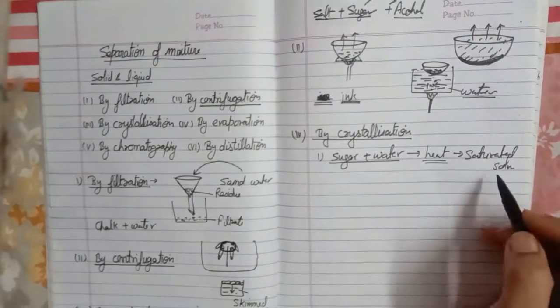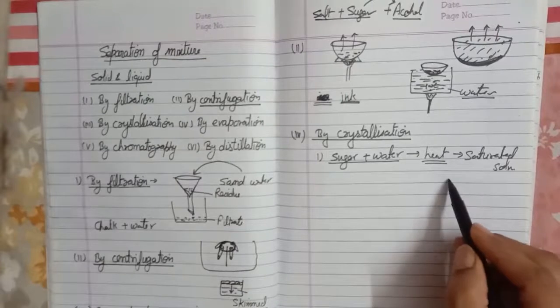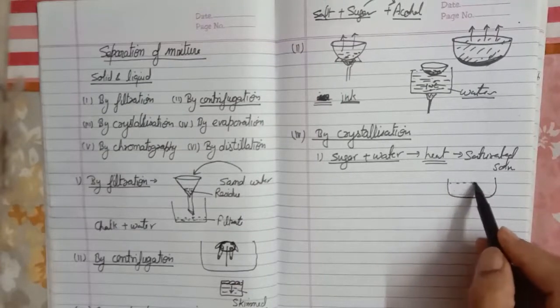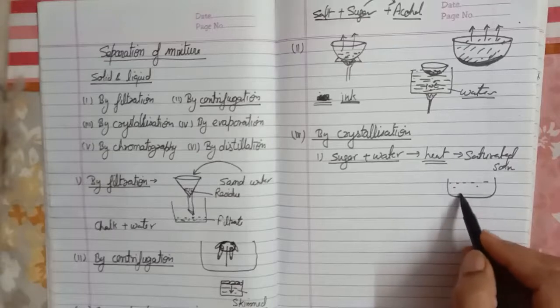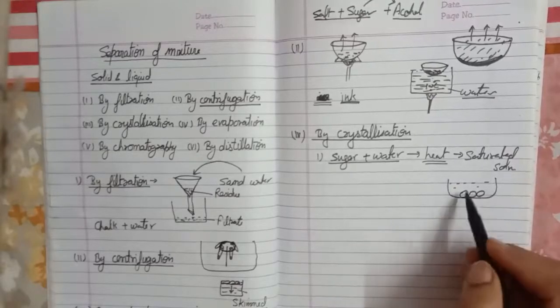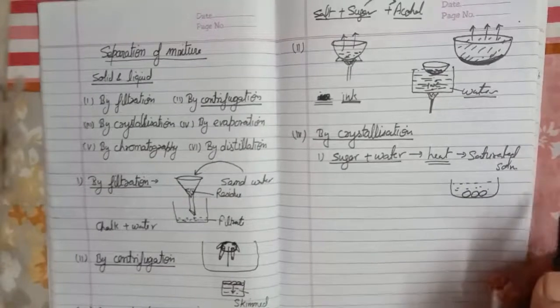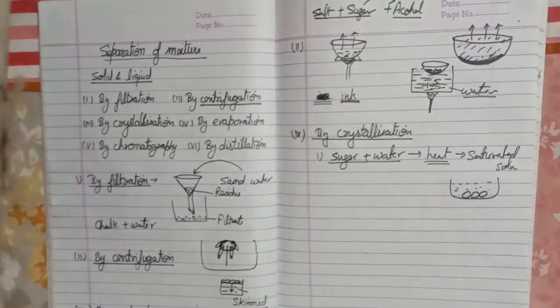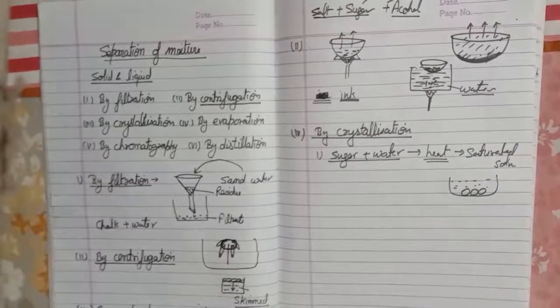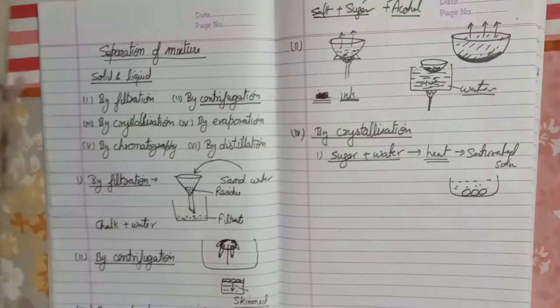And after that, we place it aside for a few hours or a few days. After a few hours or days, we will get the crystals of sugar in the solution. So for crystallization, we have to heat the mixture. After heating, we get the saturated solution, and by placing it aside for some time, we get the crystals of a solid.